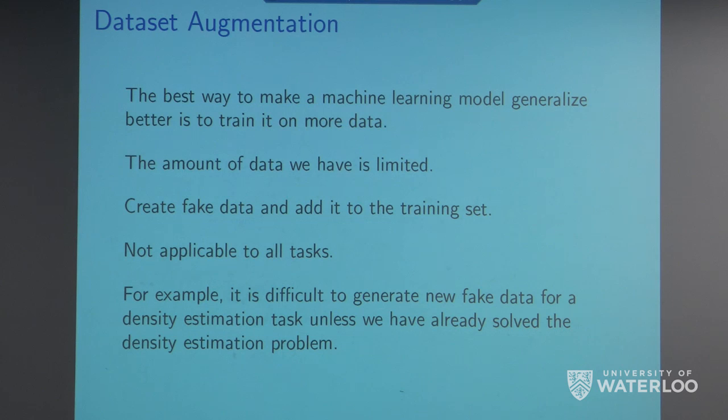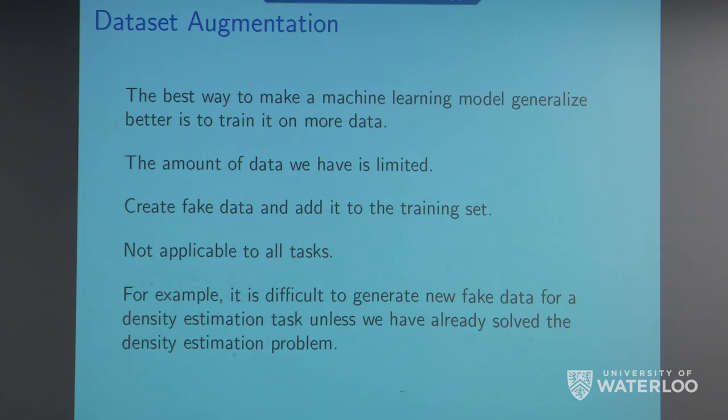Say it's a medical application. You have only 100 patients, and you have 100 data points, but you want to feed a neural network. The number of data points is not sufficient to learn all of the parameters of the neural network, and you're going to overfit. So one way is to augment the dataset.